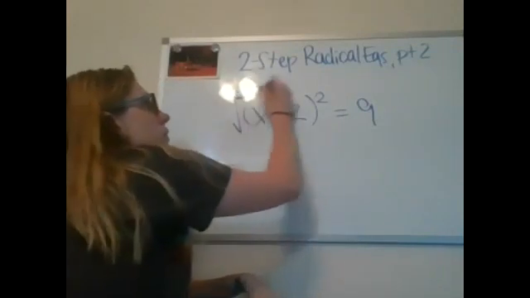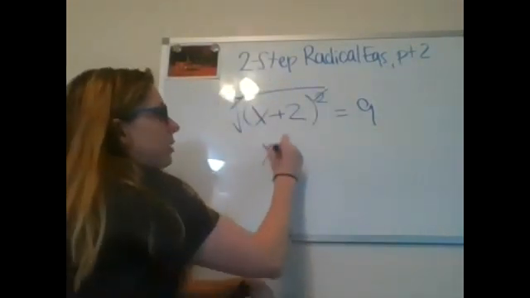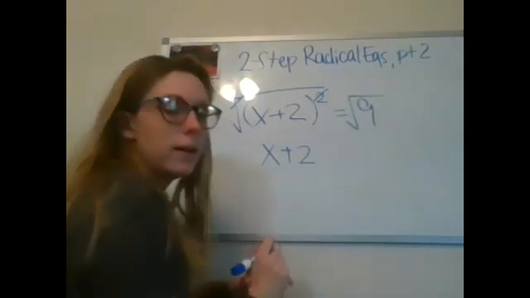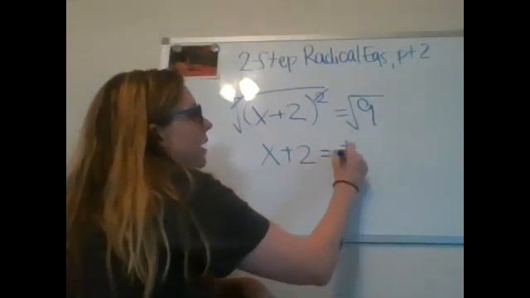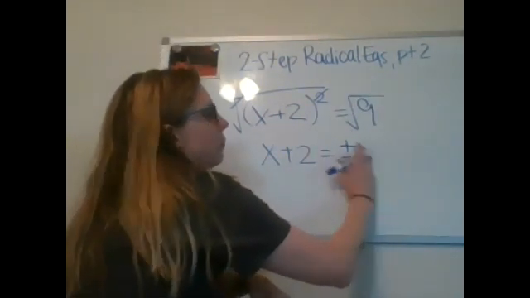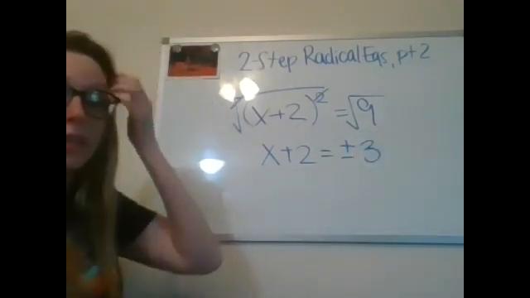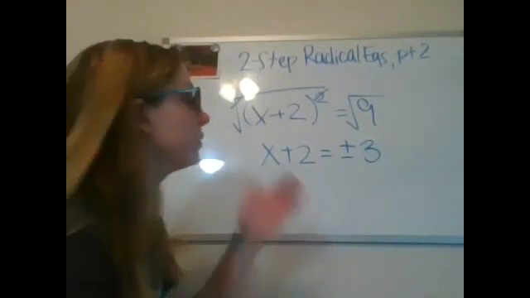If we take the square root on this side, that square will cancel, and we will be left with x plus 2. If we take the square root on this side, this is where it gets a little tricky sometimes. Remember, the square root of 9 is not 9, it is plus or minus 3, because 3 squared is 9, but negative 3 squared is also 9.